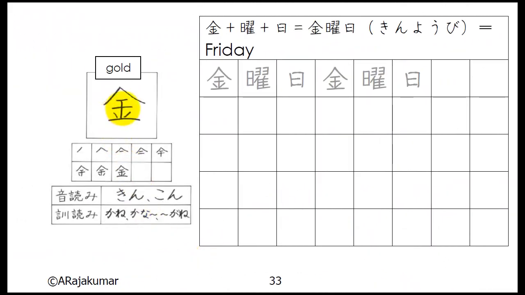And there it is again. Its core meaning, gold. Its pronunciation, kin. We add it to yo, bi, and we get kin yo bi.